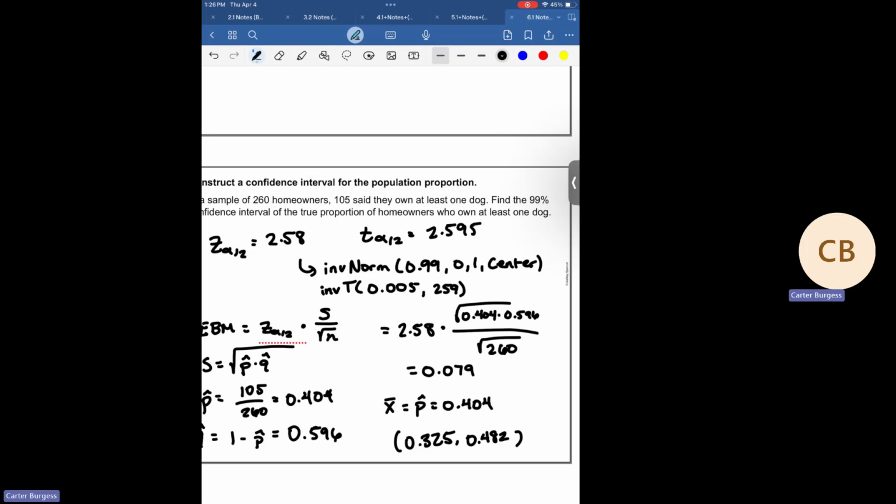So we are 99% sure that the true proportion of homeowners who own at least one dog falls between 0.325 and 0.482, or as Liz said, we are 99% sure that somewhere between 32.5 and 48.2% of homeowners own a dog. Either way works.